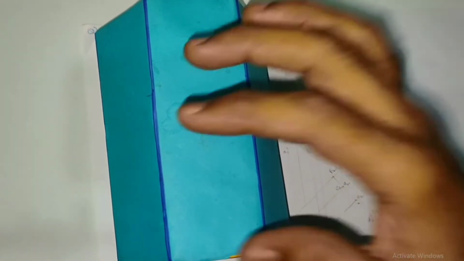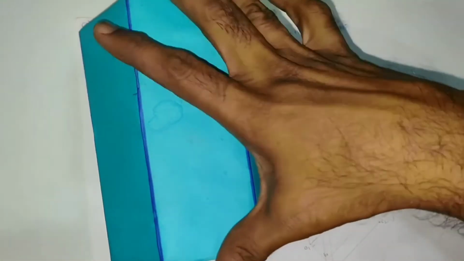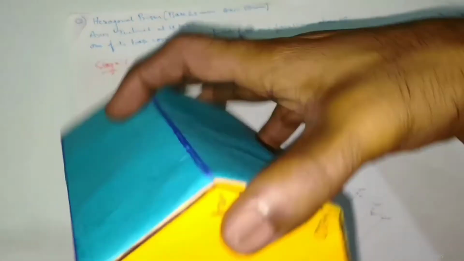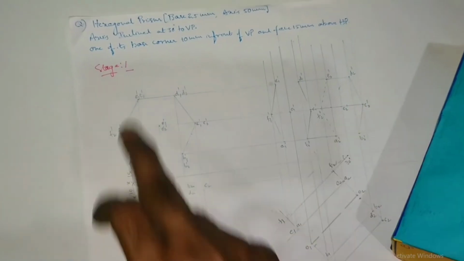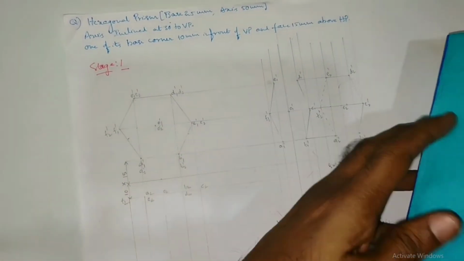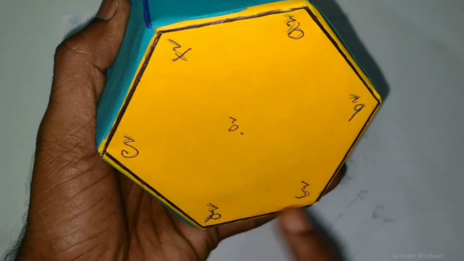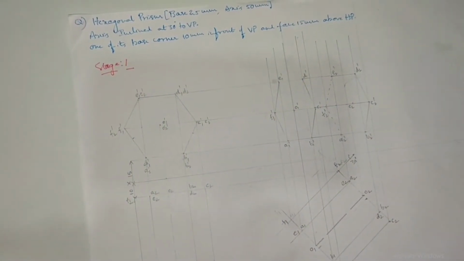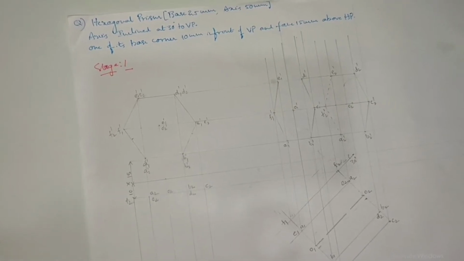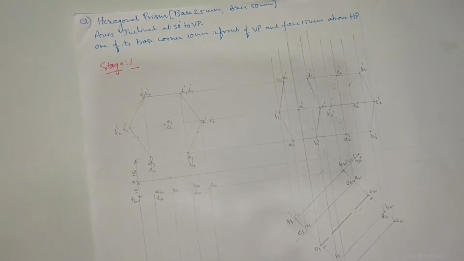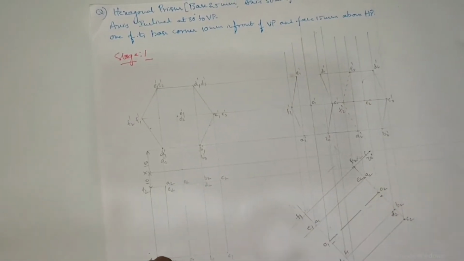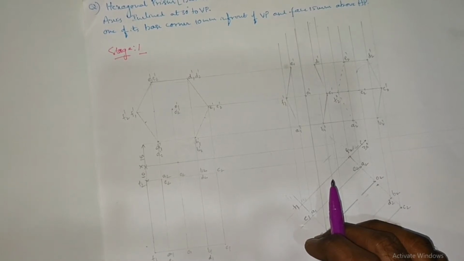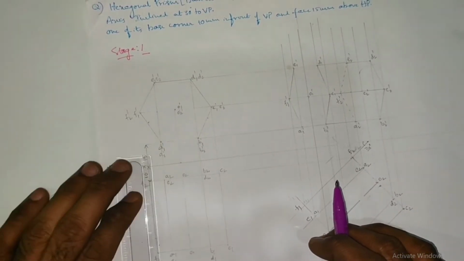When it is observed from the top view, we are going to have a rectangle. And when it is observed from the front direction, we are going to have a hexagon having the two bases. Already we have marked A1, B1 up to F1, and A2, B2 up to F2. So this is the first position I am considering, or stage 1. I am going to draw the projections corresponding to the front view and top view.